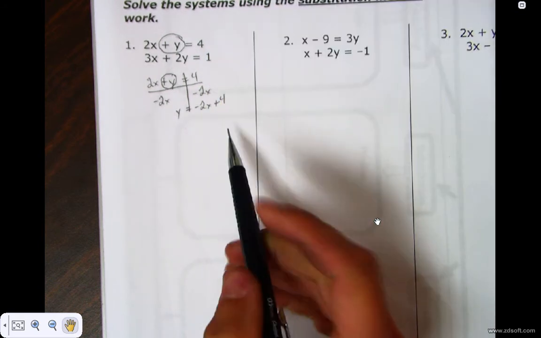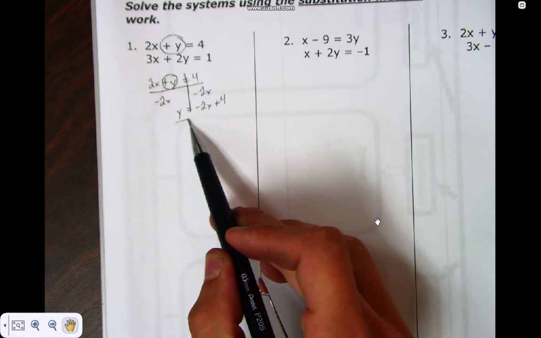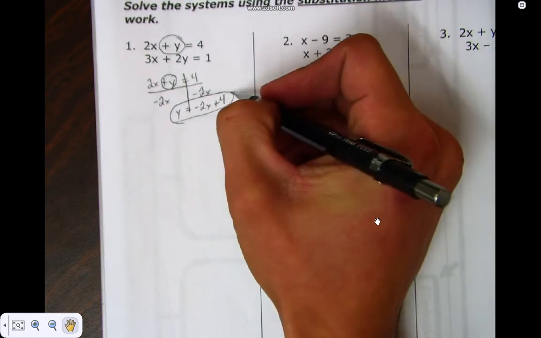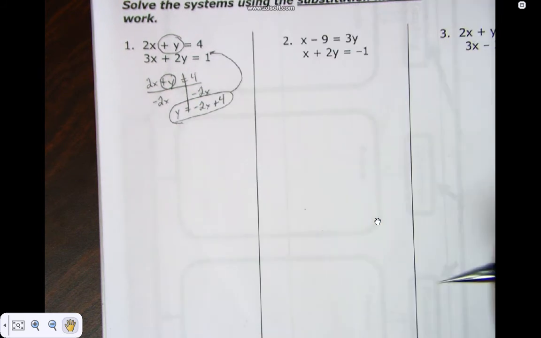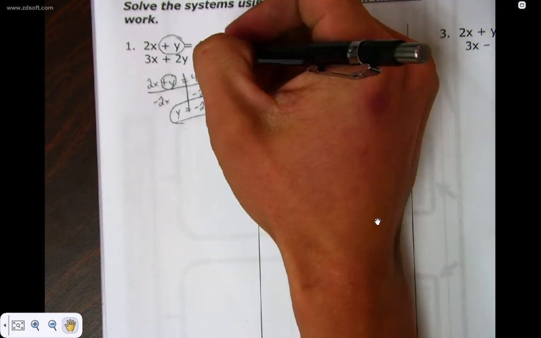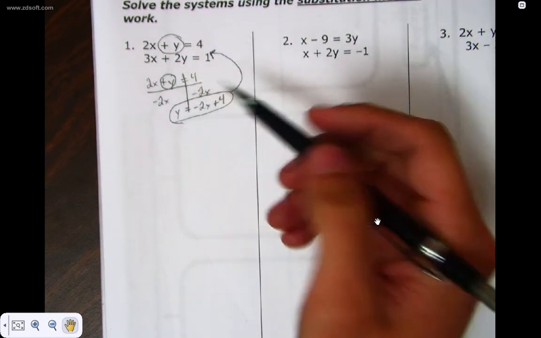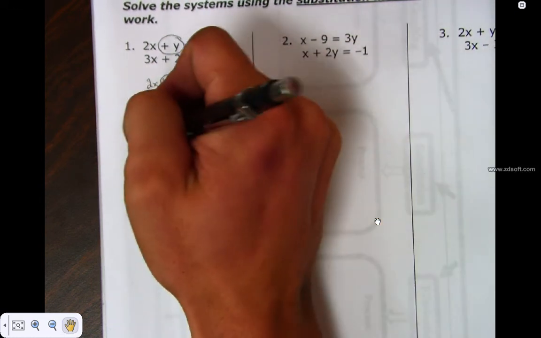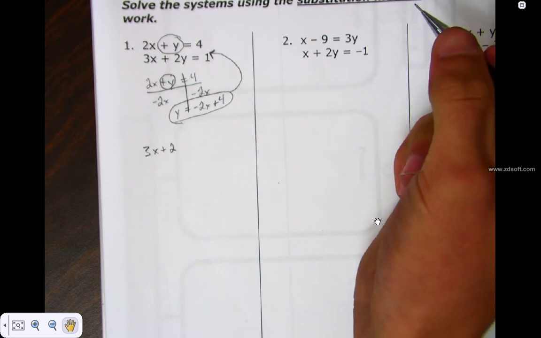So now that we've solved for y, we're going to take what y equals and plug it into the equation that we never used. One equation we've already used to solve for y. We're going to plug this y into the other equation. What I always say to do is just start writing the other equation: 3x plus 2, and then stop when you're about to write y.